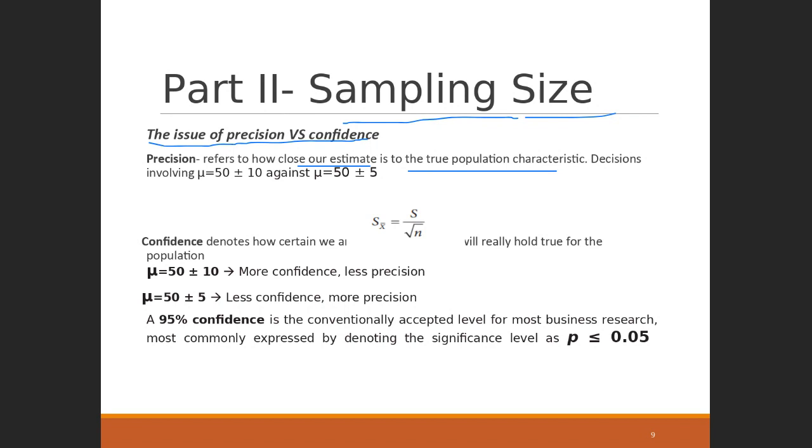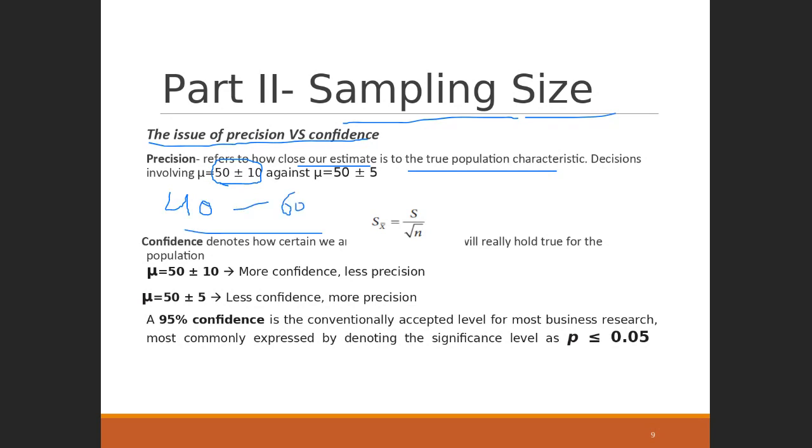So after doing certain calculations, we are able to say that the true average daily production of the product lies anywhere in the range of 50 plus minus 10. Now, 50 plus minus 10 means that it is between the range of 40 and 60 for the population of the employees in the workshop. So the range here is 40 and 60.